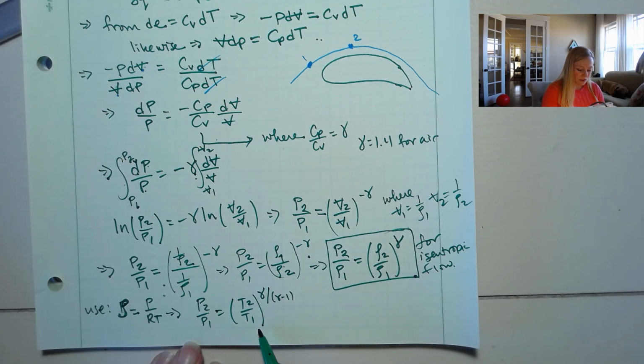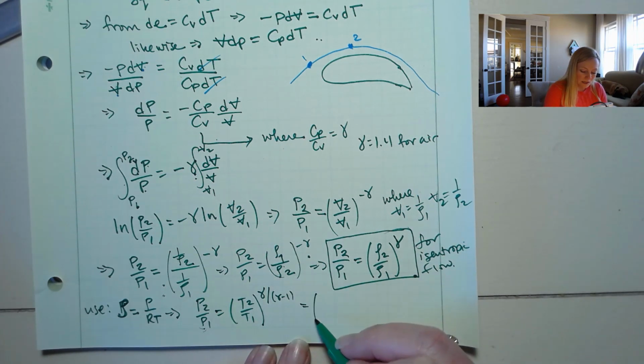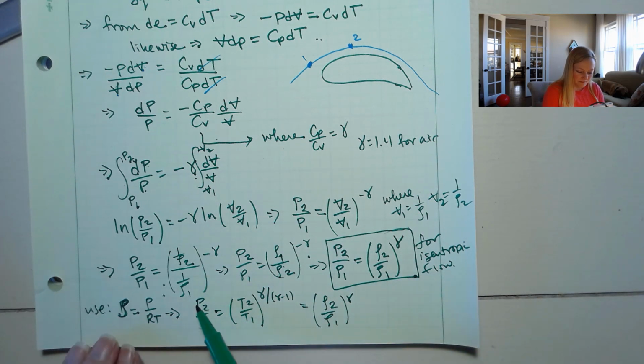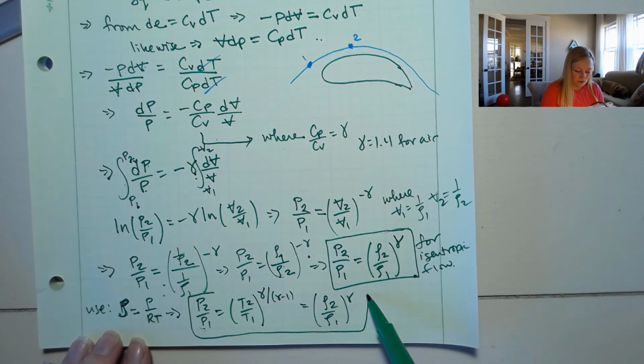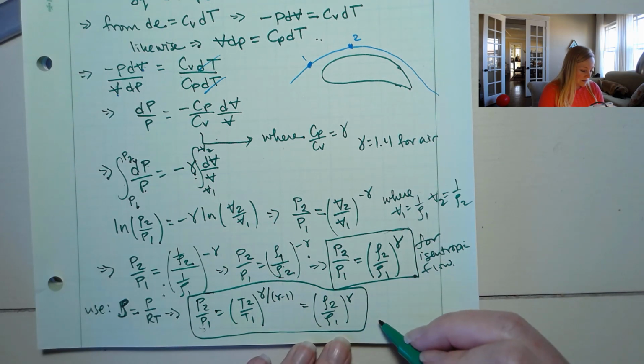Now notice this temperature ratio is still equal to this pressure ratio, and this pressure ratio is equal to this density ratio. So basically you can set them all equal to each other, and then this temperature term equals rho 2 over rho 1 to the power of gamma. Those are going to be your main equations right there. And again, this is for compressible flow only.